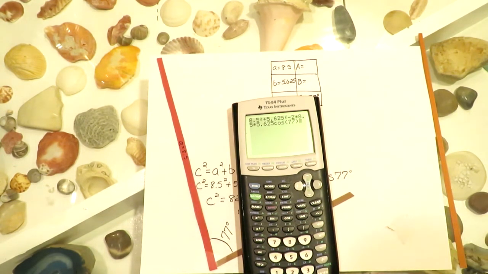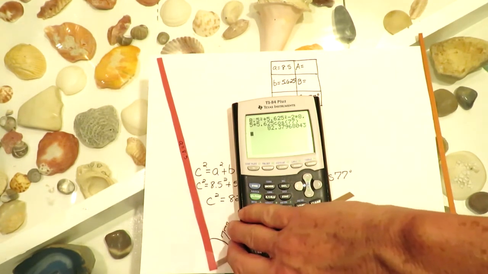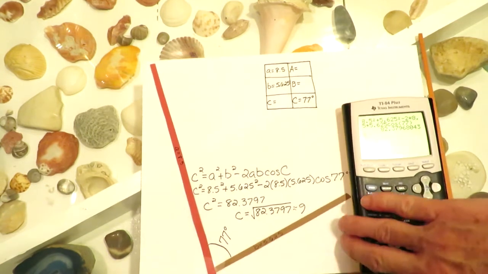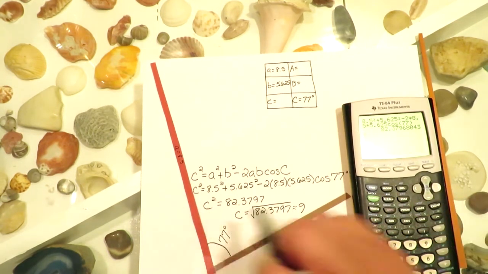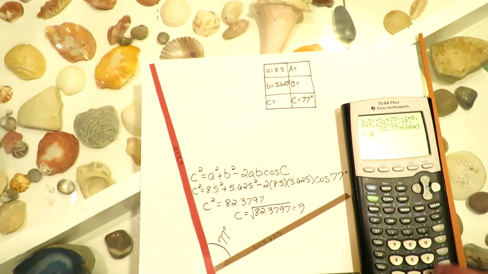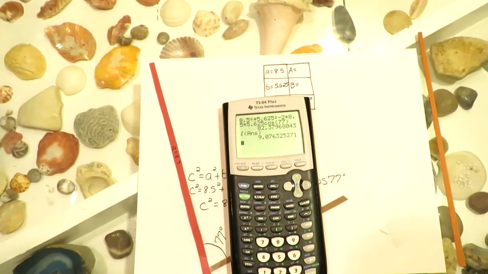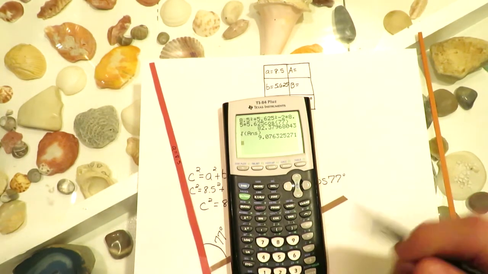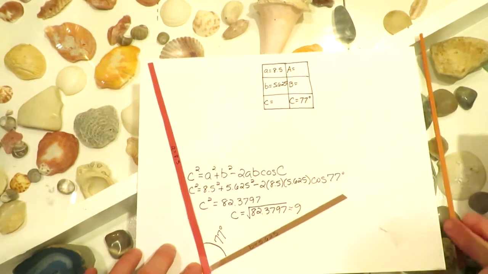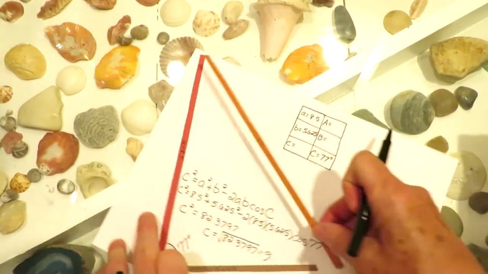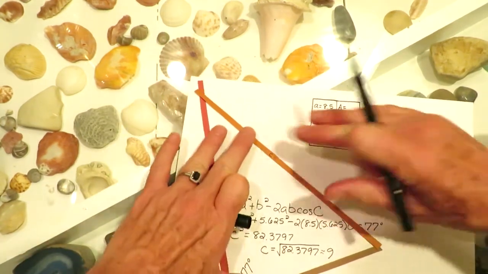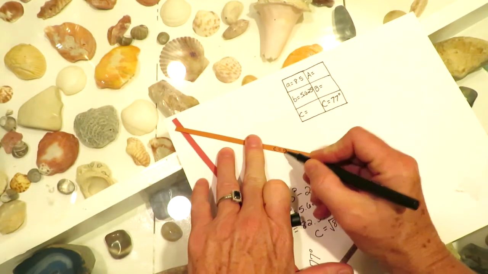Again, I'm in degree mode because I'm working with a triangle, and I get 82.37, and that is equal to c squared. So the square root of that is slightly bigger than 9, but we'll round it to 9. Okay, so that's how we found length C. Length C was 9.